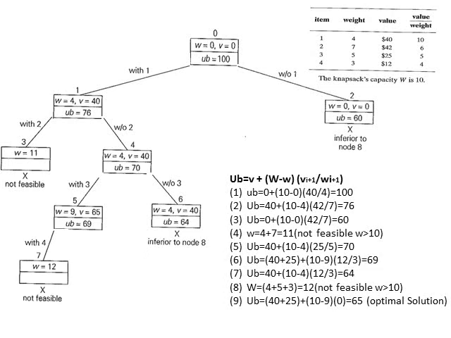Then on the right side of the fifth node, for the upper bound, we are adding the first and the third item. So 40 plus 25 plus 10 minus 9. 10 is the capacity of the knapsack and 9 is the weight of the items included, that is the first and third one, 4 plus 5 which is equal to 9. 10 minus 9, and we don't have any other elements.